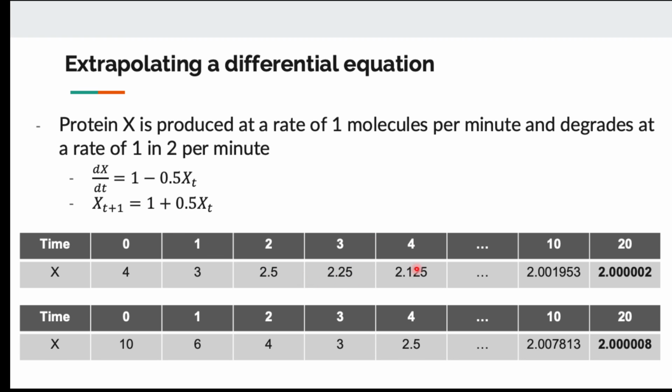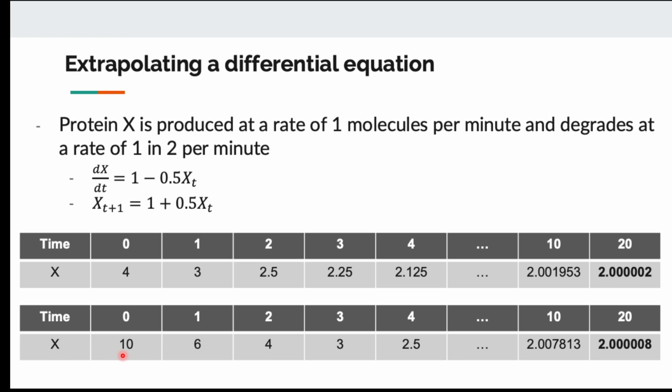If we follow this process, what you are noticing is the number of molecules of the protein is going to continue to reduce, but slowly. From 4 to 3 is minus 1, from 3 to 2.5 is minus 0.5, from here is minus 0.25, minus 0.125, so it's slowing down until eventually it's going to approach 2 molecules. And this will remain 2 molecules throughout. If you continue this process further, you will get 2.